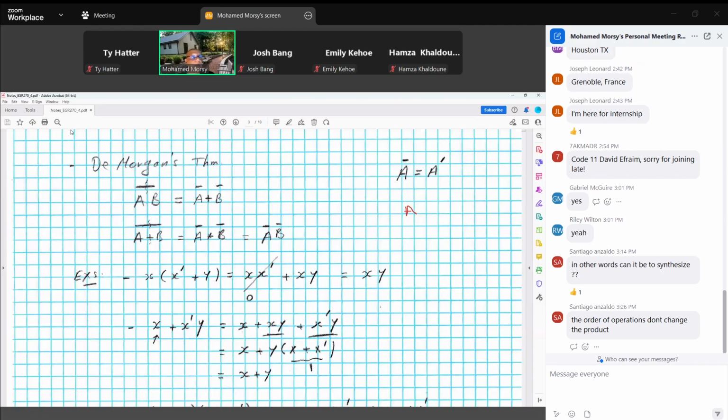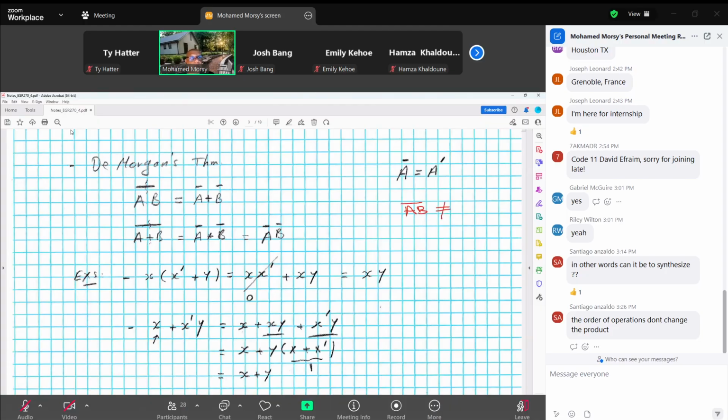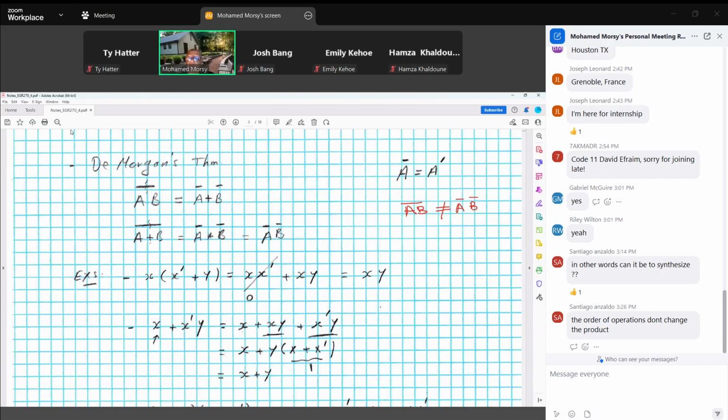(AB) inverted does not equal A inverted, B inverted. It is completely different. Please keep this in mind.